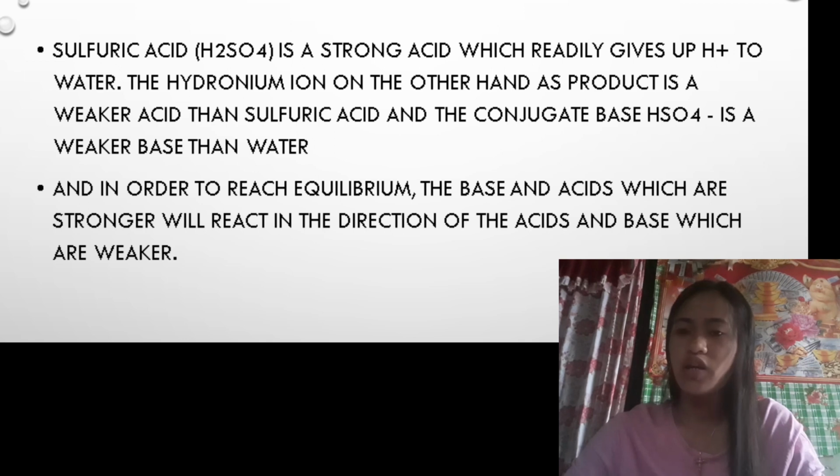In the example of the chemical reaction, it is mostly products, and we can say that a chemical reaction is called product favored if there are more products than reactants after the reaction is completed. That's all. Thank you.